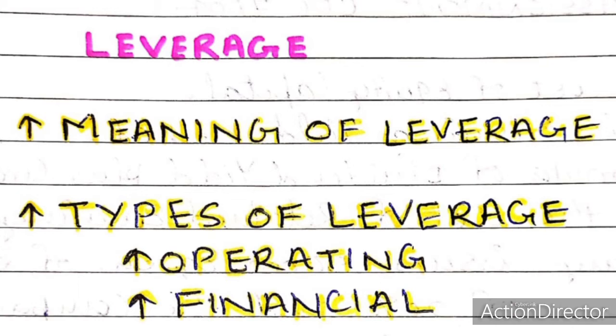If the firm employs an asset like land, building, or machine which has a fixed cost, it is known as fixed operating cost. And if the firm uses a source of fund, like debenture, which has fixed cost interest, it is termed as fixed financial cost. If a firm is not required to pay any fixed cost or return, it will have no leverage.